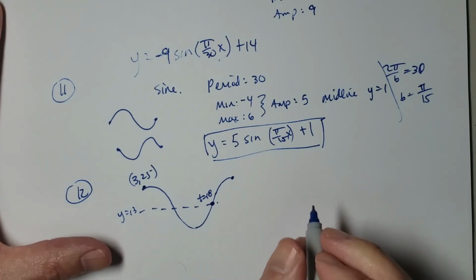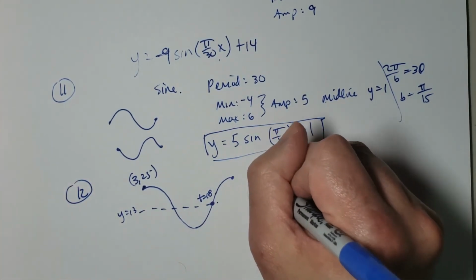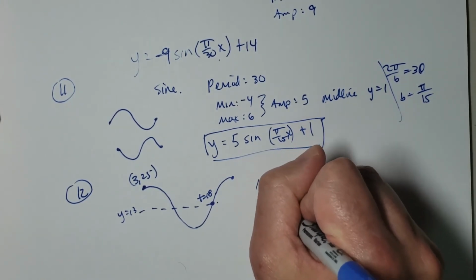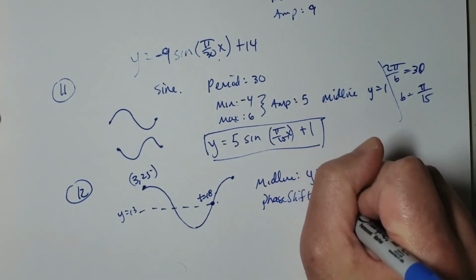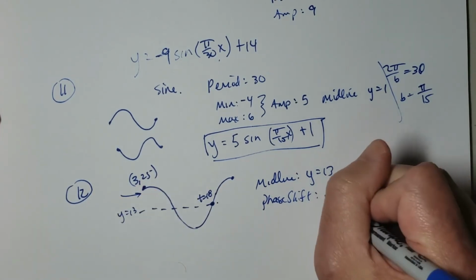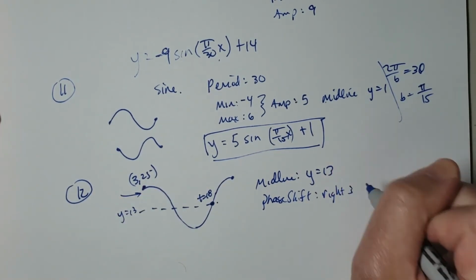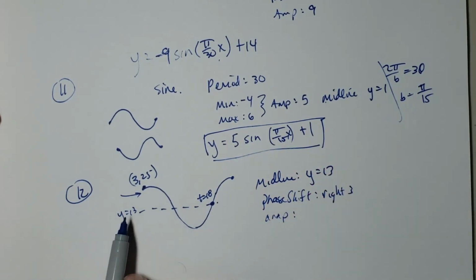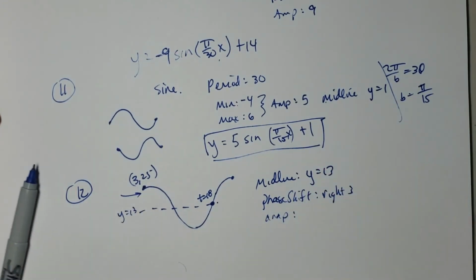So this is cosine. So immediately we know the midline, y equals 13. We know the phase shift is right 3. We know that the amplitude is the distance from 13 up to 25. That is 12.